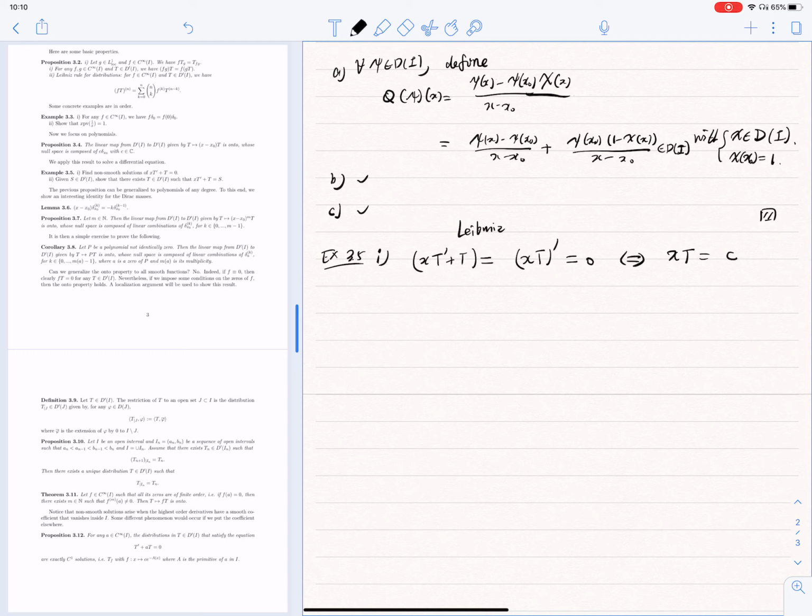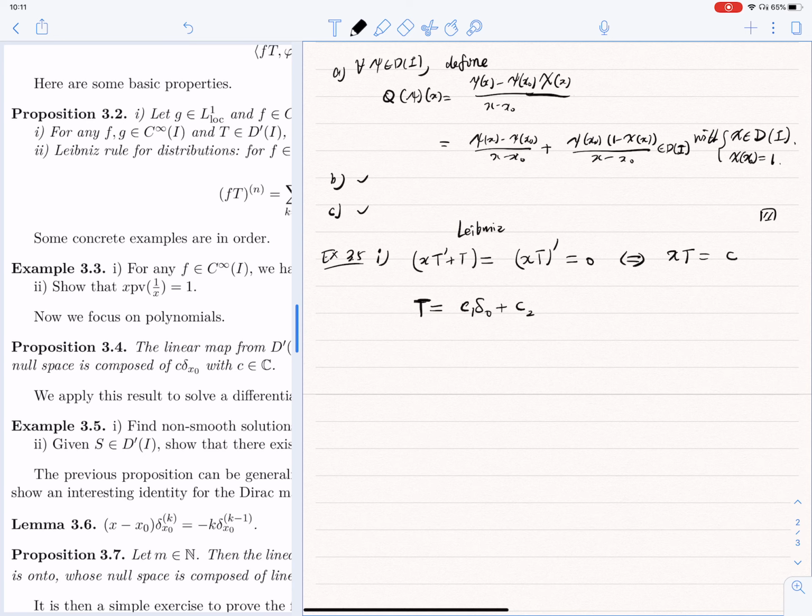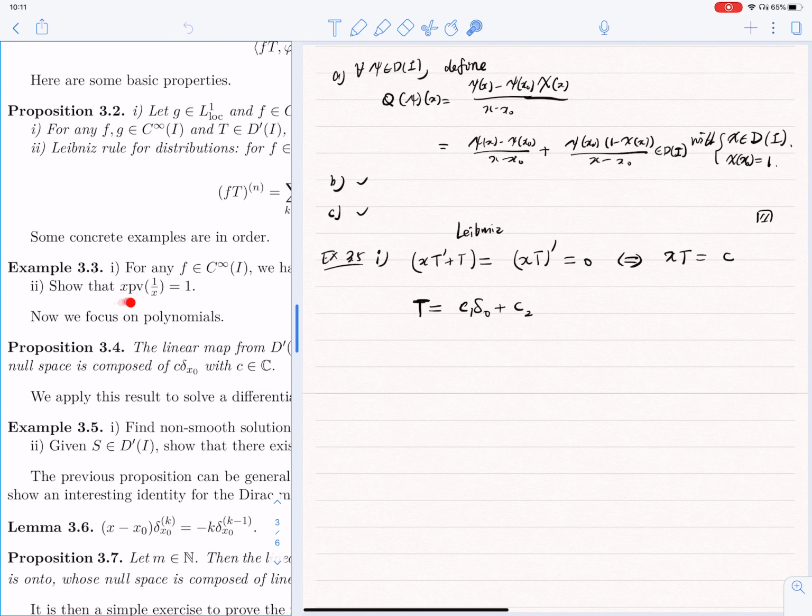So the solution would be the ones that solve this plus the ones which solve the homogeneous equation. So T is given by a constant times delta naught plus other solutions, which we can see actually from this example that we saw already here.